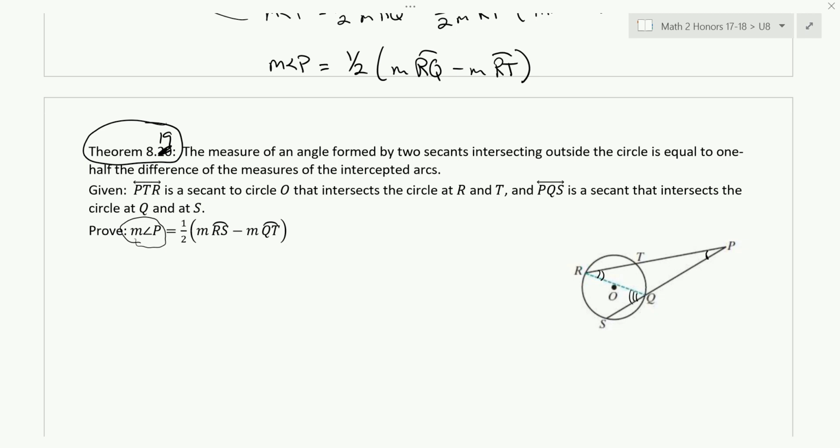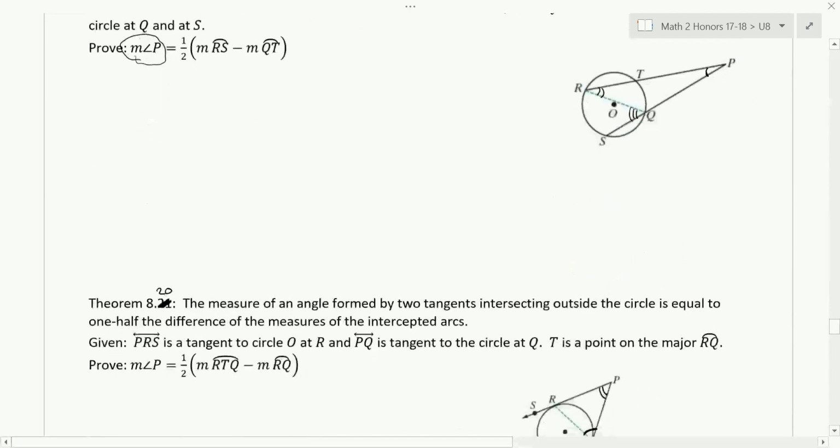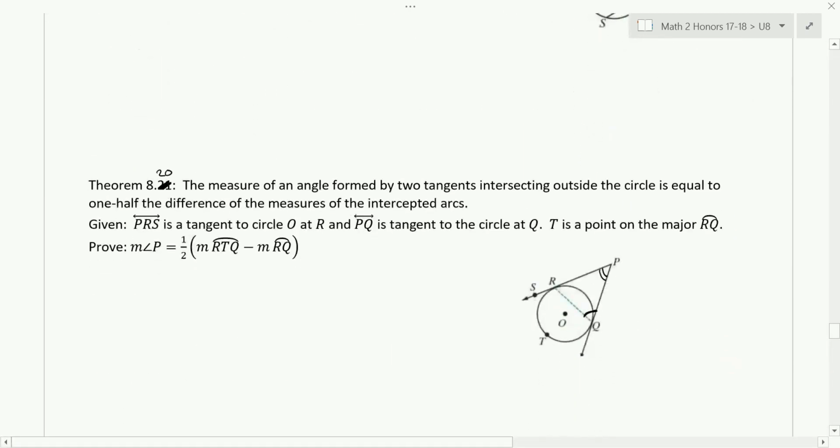And so you can get a relationship between those angles and the arcs, and then the theorem's pretty much proven. So exterior angle theorem, and then the inscribed angle theorem. Okay. And then we're going to skip ahead to the last one now.